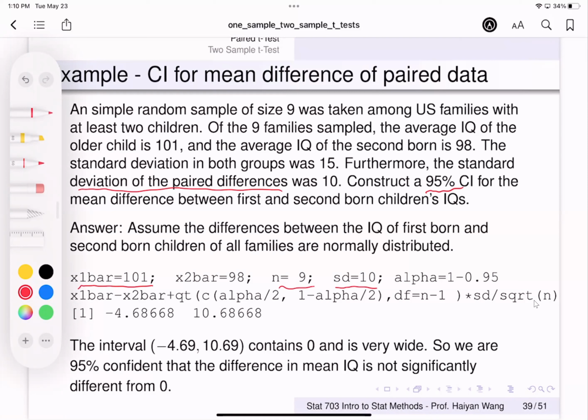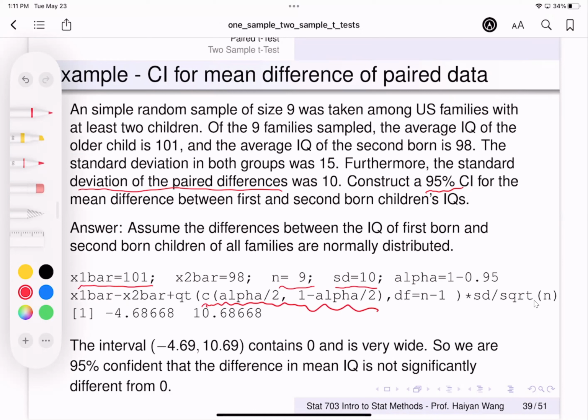Therefore, to give the confidence interval, I would just do x1 bar minus x2 bar, and then put the percentiles here. You can put a minus or plus, but as long as you recognize that the two percentages there are alpha over 2 and 1 minus alpha over 2, you will get the two bounds, the lower bound and upper bound of the confidence interval.